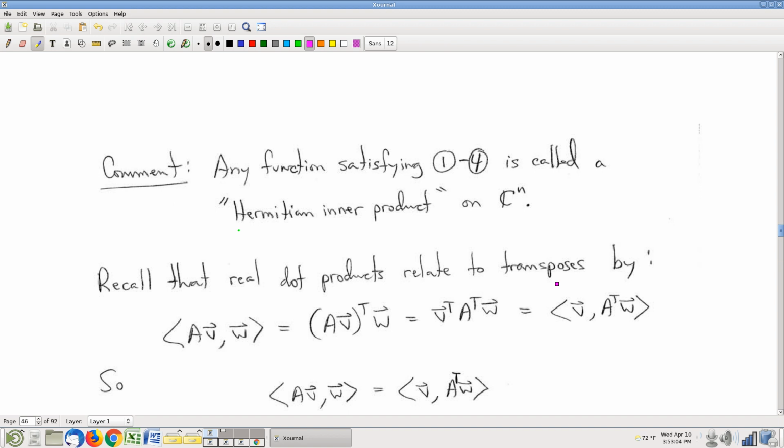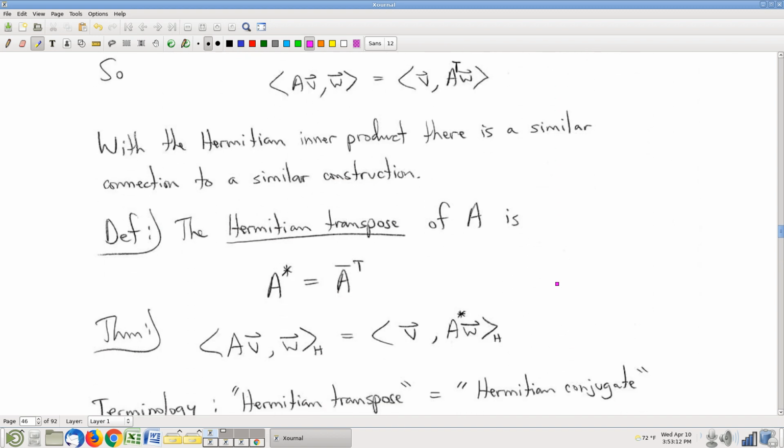What is it that's kind of like transpose that fits in with the Hermitian dot product in this way? And this is just a calculation, but here's the answer. It's this thing called the Hermitian transpose, which we denote with a star.